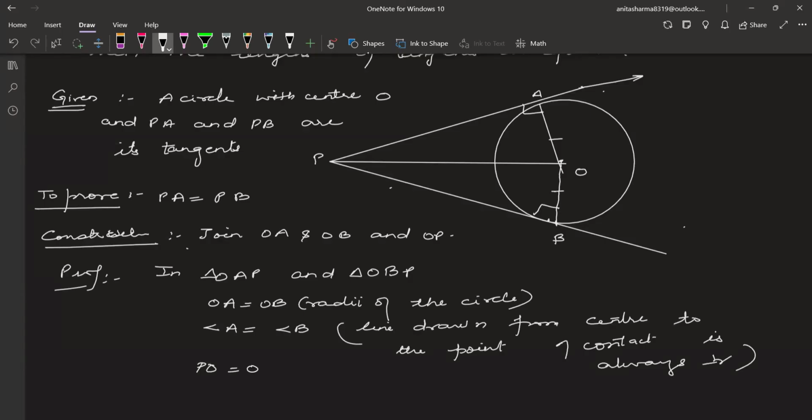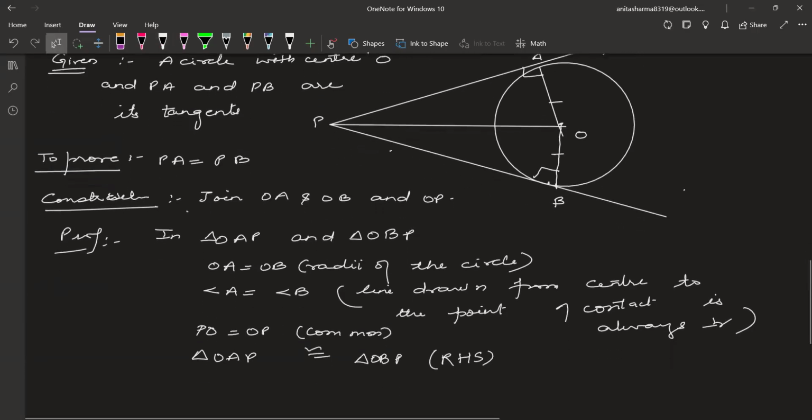So PO will be equal to OP, common. Now we have got three things. So you will write triangle OAP is congruent to triangle OBP. By which criteria? RHS, right beta? Right angle, hypotenuse and side. Clear?